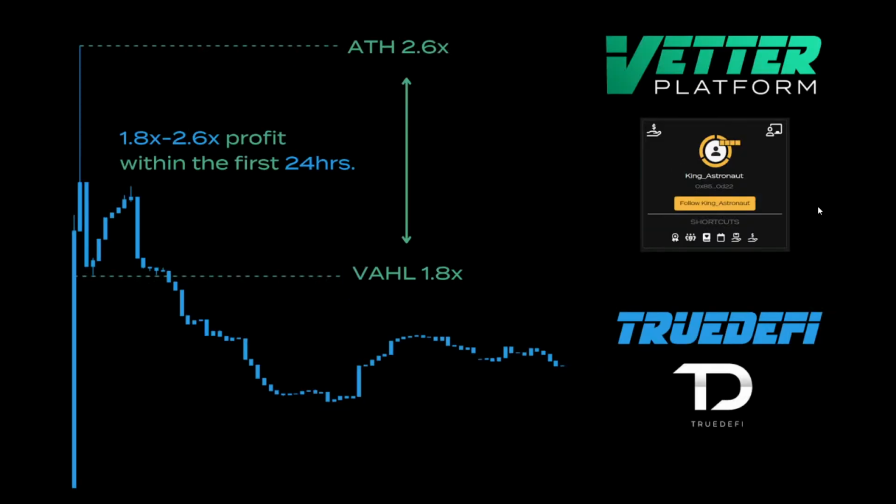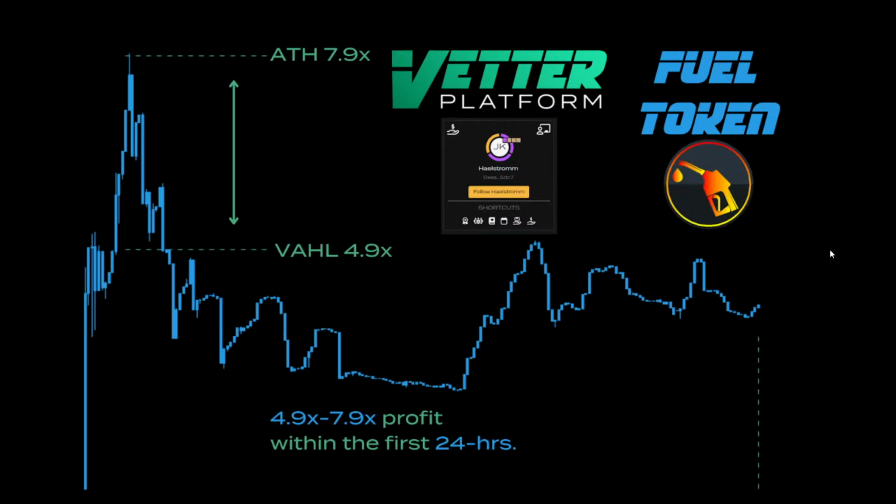True DeFi, posted by King Astronaut: VAHL was at 1.8x, all-time high 2.6x, meaning you had an hour to sell anywhere between a 1.8x and a 2.6x. Fuel Token, posted by Hellstrom: VAHL's at 4.9x, all-time high for that time frame 7.9x, and you were able to swap out between 4.9x and 7.9x for over 1 hour.